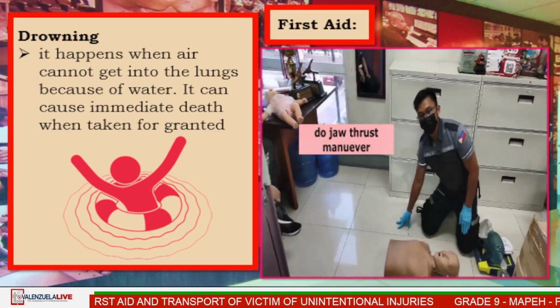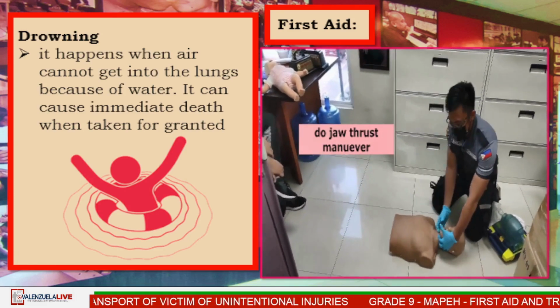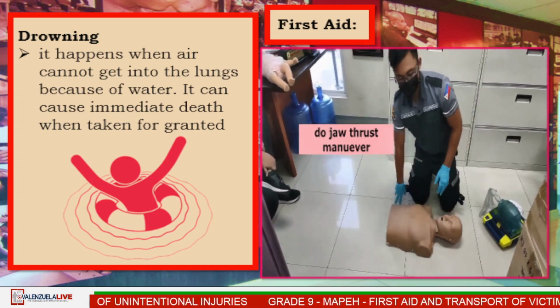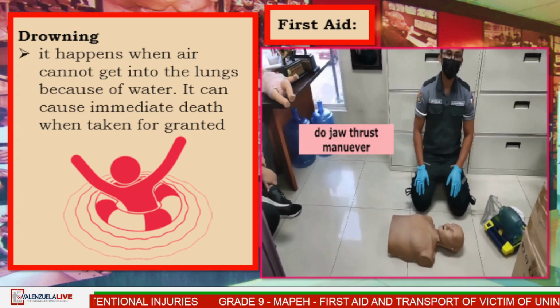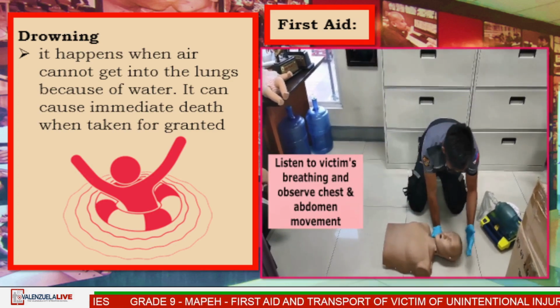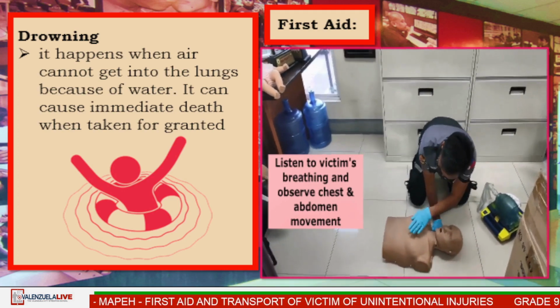To check airway and breathing, perform the jaw thrust maneuver. Listen to the victim's breathing and observe chest and stomach movement with a count of 10.